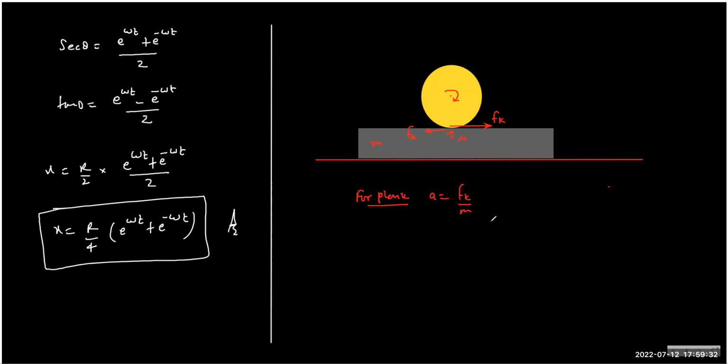What is the mass of the sphere? Same or different? Same. So the acceleration of the sphere will also be Fk by m only, because the only horizontal force acting is Fk, so this will again be Fk by m. So what is the relative acceleration? 2a.